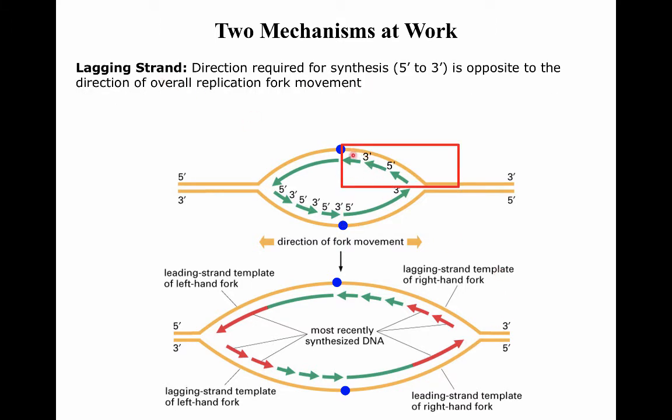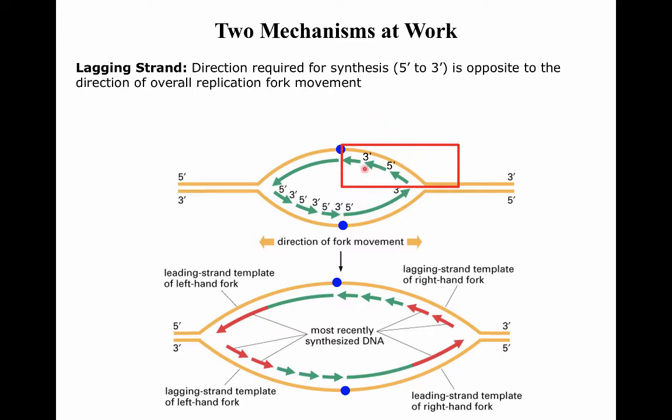And because we can't synthesize just continuously going in this direction, what happens is that the enzyme jumps out and then copies back towards where it came from. And then once that's done, it jumps out further, copies back, jumps out further, and copies back. The way that actually works is the template is pulled out into a loop and it copies back around the loop.